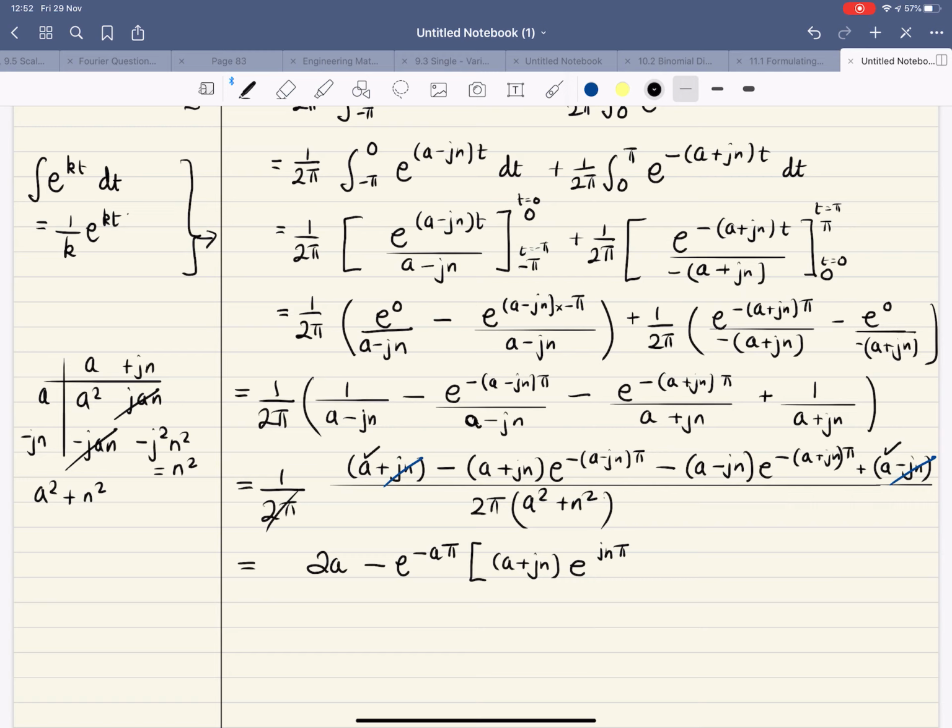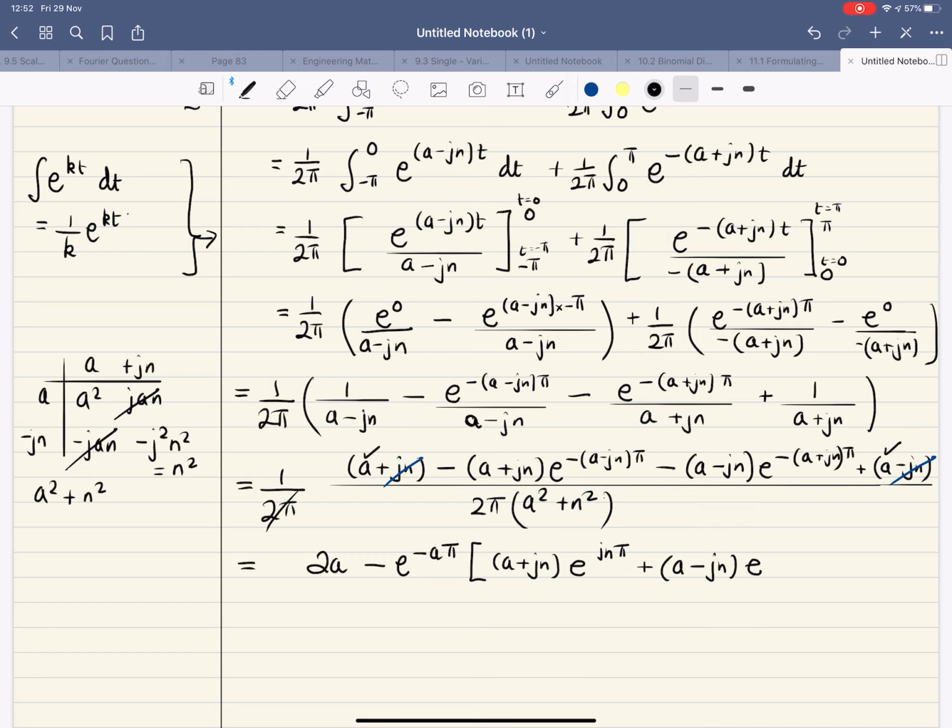Just going to have a quick check at the solutions. I'm sort of doing it slightly different, so I'll just come back to that in a minute. And then for this next one, the minus has come outside the bracket, and the e to the minus a pi is outside the bracket. So everything else needs putting inside the bracket. So it's actually a plus, because the minus has gone outside. It's a minus jn.